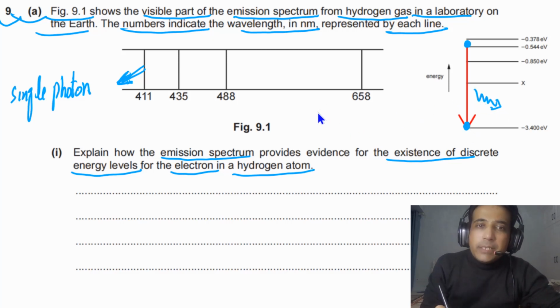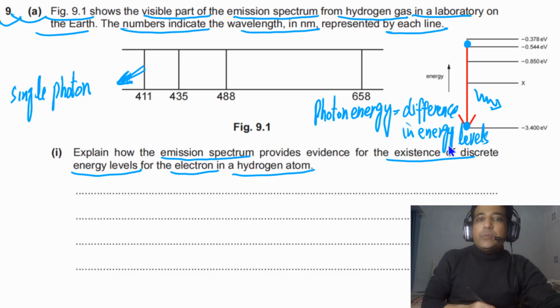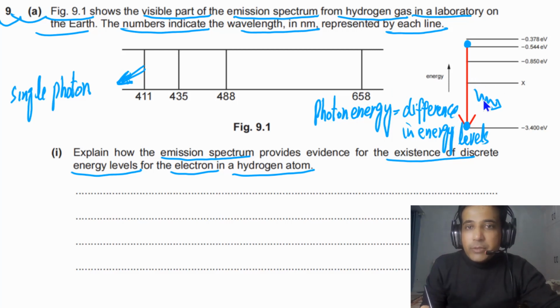The energy of this photon will be equal to the difference in energy levels. This is one point you can write down in your answer. The energy of this photon is equal to the difference in these two energy levels.